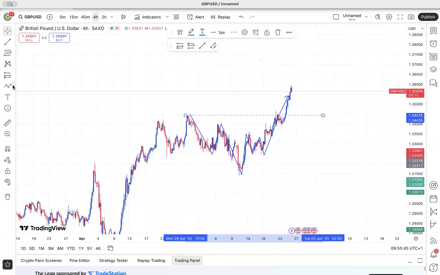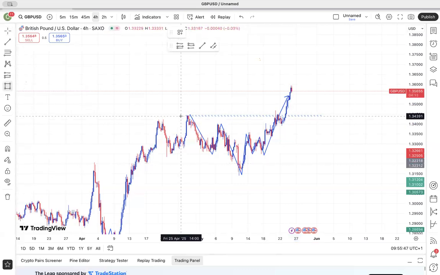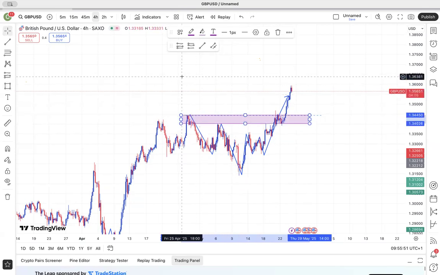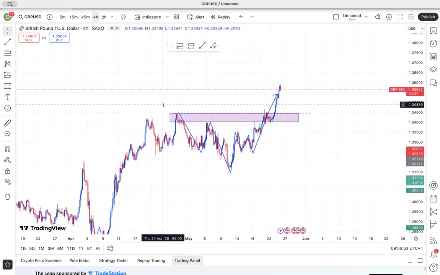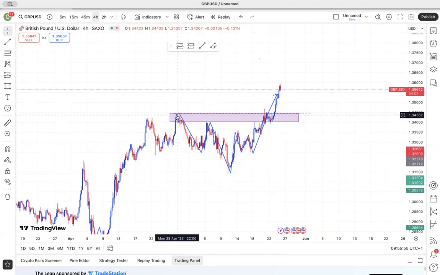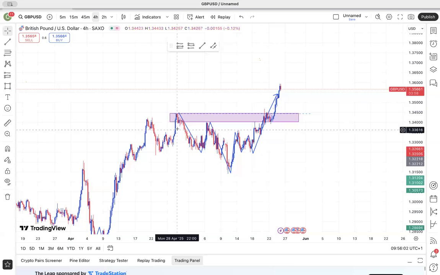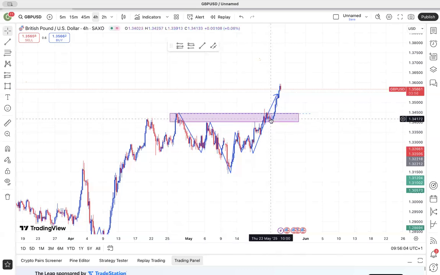So now we'll mark out that zone with a triangle, which is this. So once you mark this zone out, as you guys can see, this is a high. And then the market pushed up price slightly with a wick by breaking this high, then created a retest back into this region and then continued to push up price.